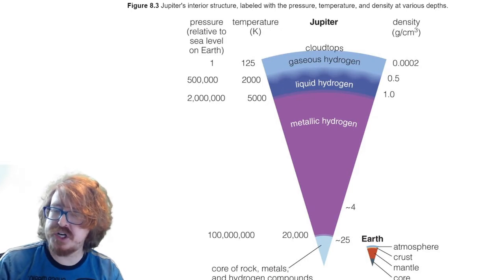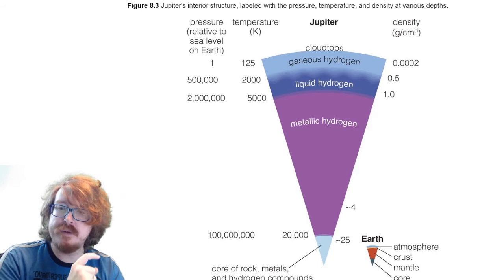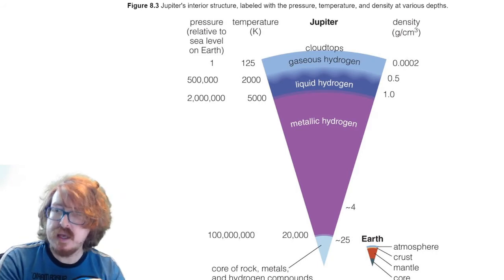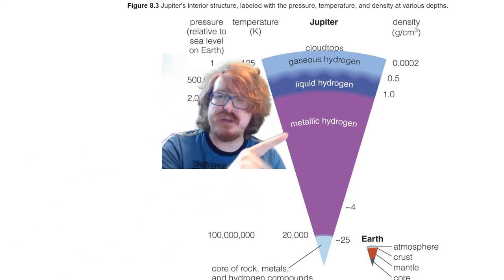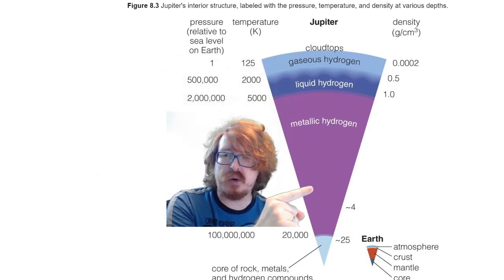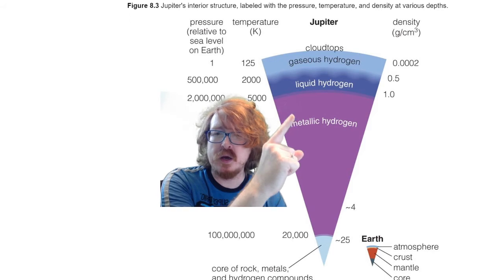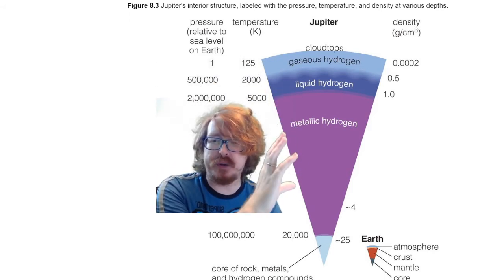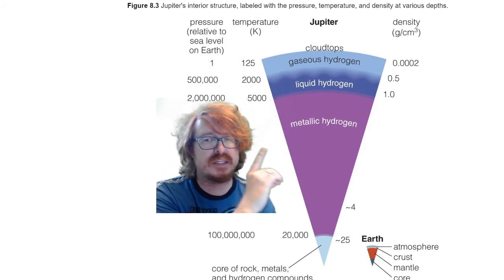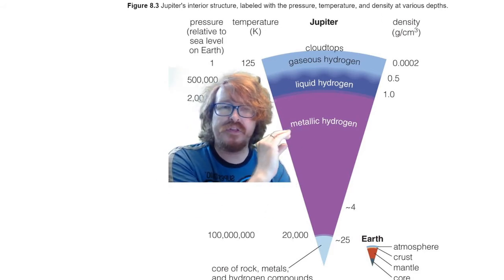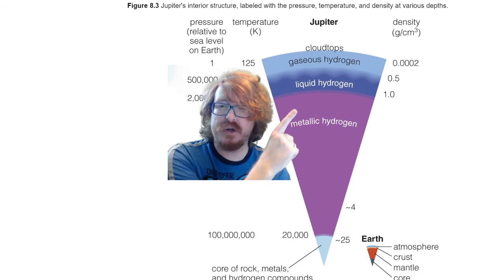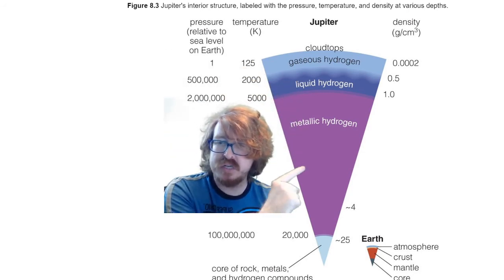Yeah, so the pressure on the hydrogen is just coming from gravity. And what can we tell about the gravity of Jupiter based on the fact that most of the liquid hydrogen has turned metallic? If gravity is what's turning this liquid hydrogen metallic, what can we tell about the gravity of Jupiter based on the fact that most of it is turned metallic?